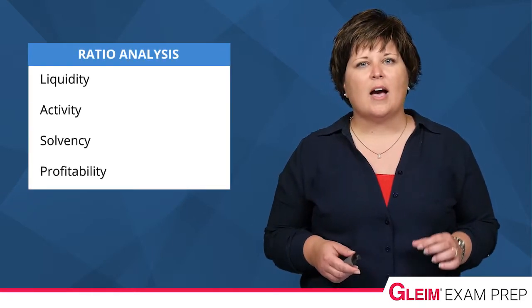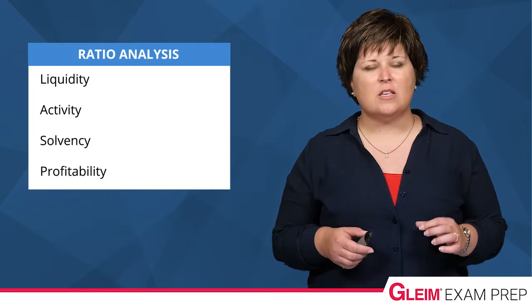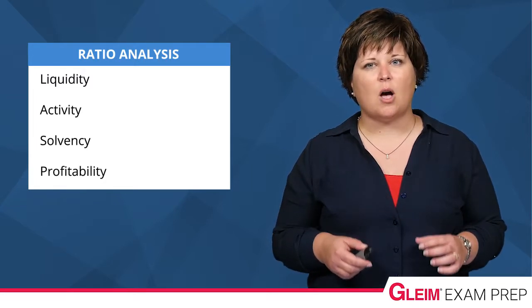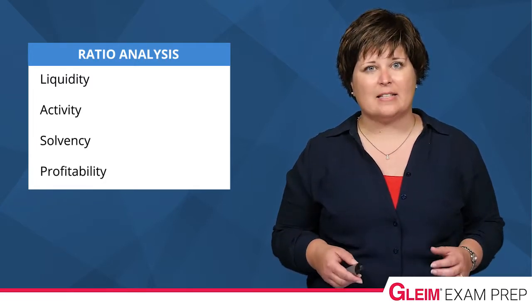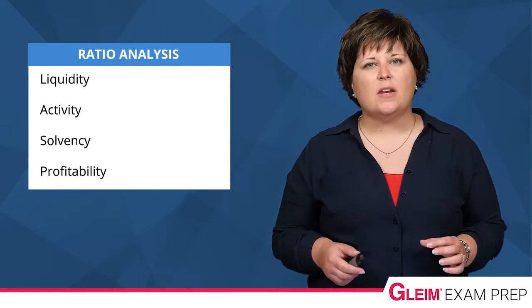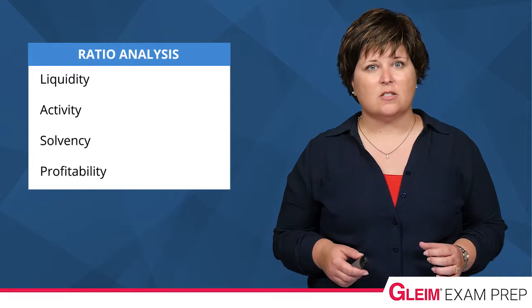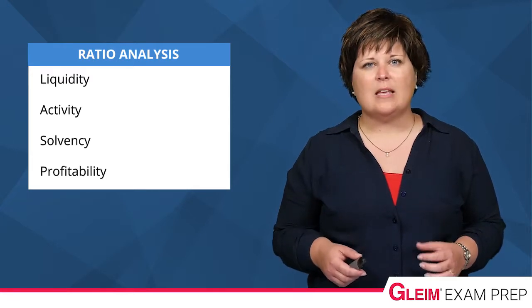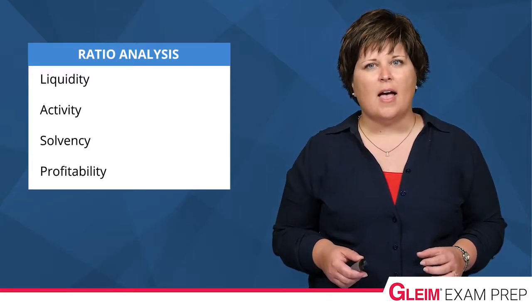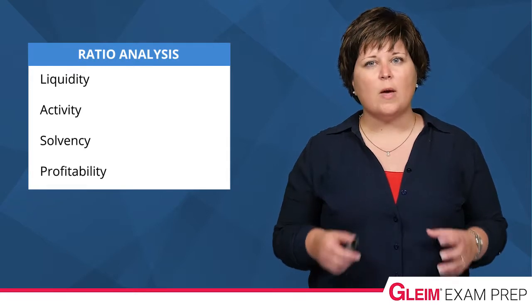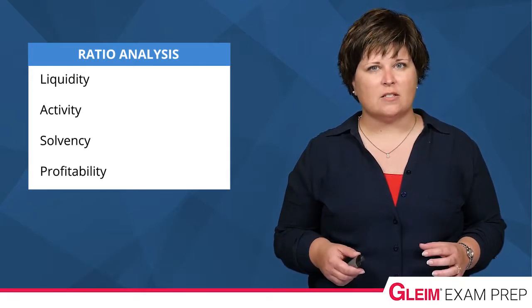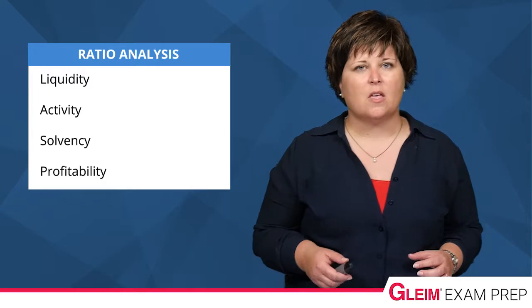We will be learning how to calculate ratios in each of these areas, which are commonly tested on both the CPA and CMA exams. Liquidity measures a firm's ability to pay its current obligations as they come due and remain in business in the short run. Activity is a measure of how quickly major non-cash assets are converted to cash.